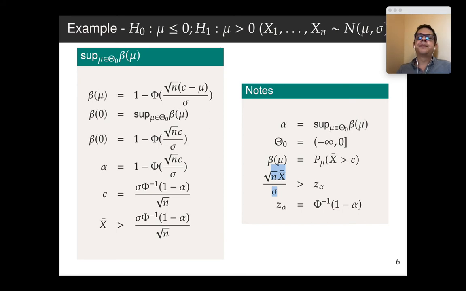That information tells us that we can reject the null hypothesis, because it's very unlikely that the data that we have seen comes from the null hypothesis.